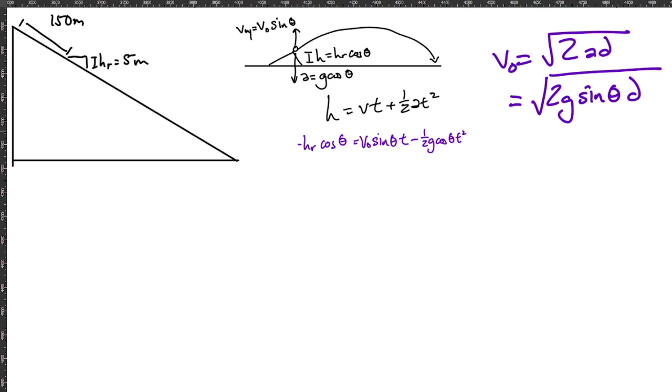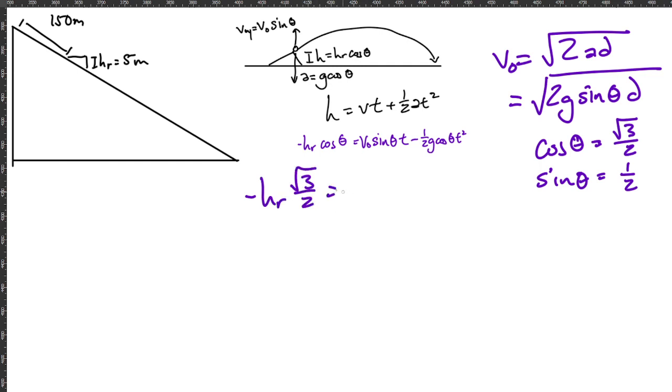V0, right? Okay. So let's also add some more stuff in. Cosine theta is equal to the square root of 3 over 2. Sine theta is equal to 1 over 2. This is basic trigonometry. Remember the unit circle, kids. It actually helps a lot. Okay, that means that if we start from here, now we have negative HR times square root of 3 over 2 is equal to this 2g sine theta.